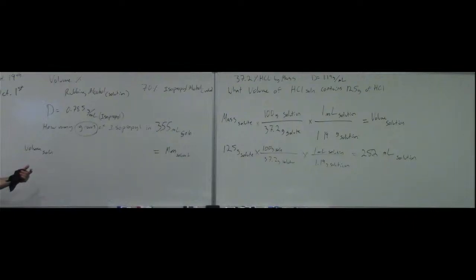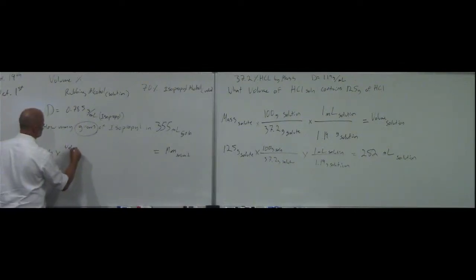The percentage. I think it's going to be easiest to, oh, I'm sorry. You said the right thing in a way I wasn't expecting. Yes. So I'm going to go from volume of solution, and I'm going to try to get to volume of the solute, right? So volume of solute over volume of solution.